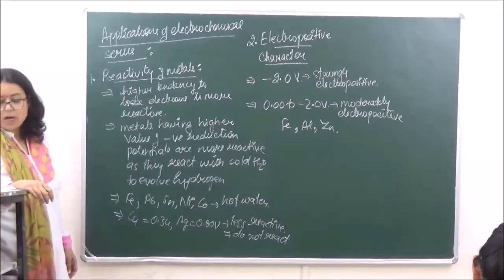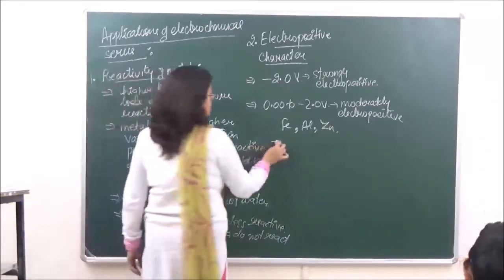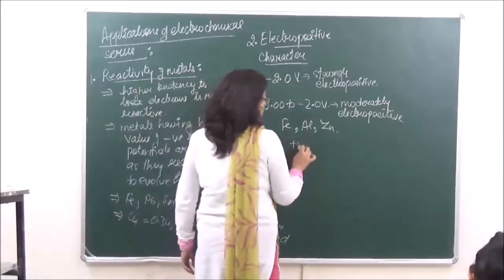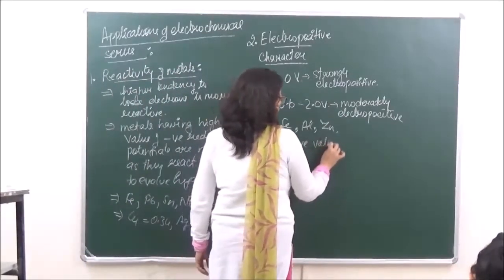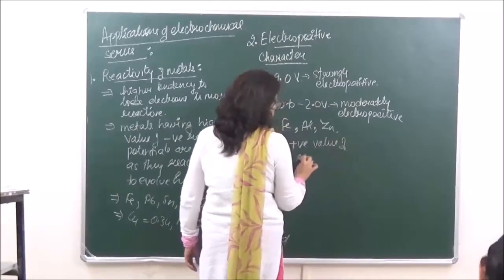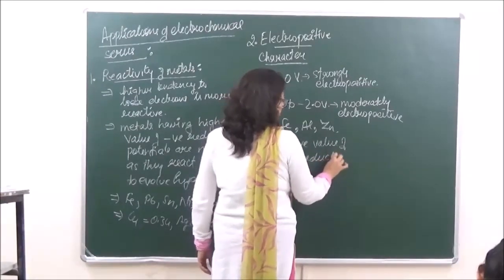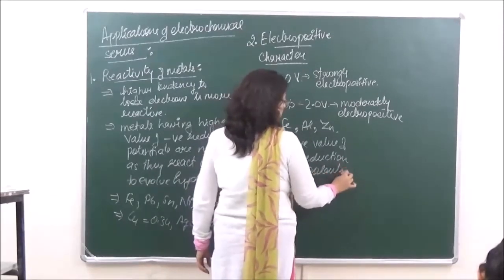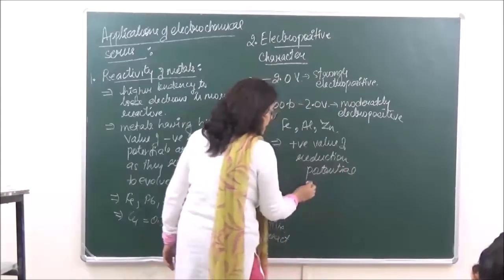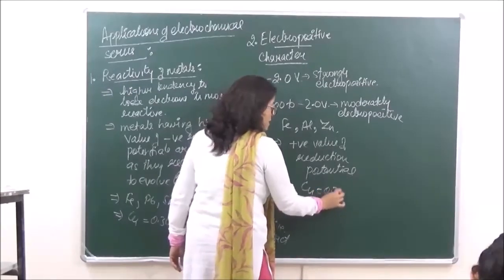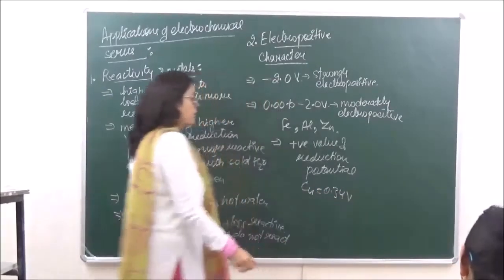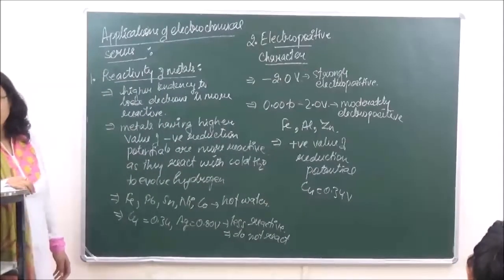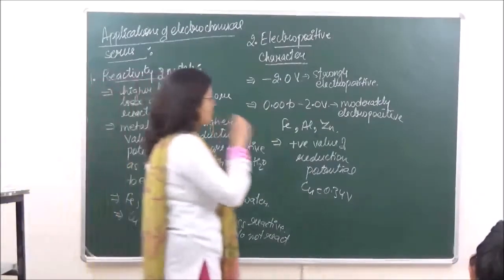Then metals which are below hydrogen, that is, the metals which have positive values of reduction potentials, as in the case of copper, which has a reduction potential of 0.34, these are weakly electropositive, right?